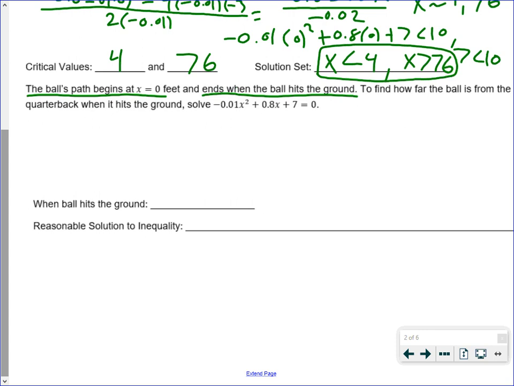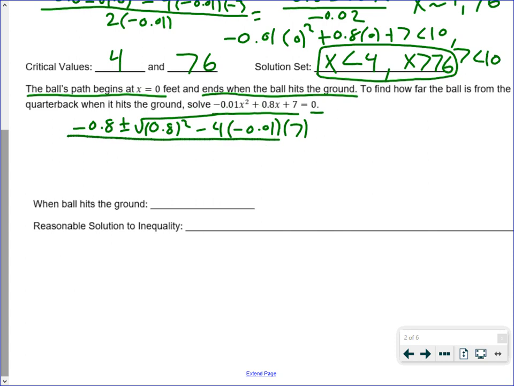So in other words, we're going to set the quadratic that tells us about the ball's path equal to 0. And then we're going to solve. Okay? So we're going to put that into our quadratic formula, and we get negative 0.8 plus or minus the square root of b squared, which is 0.8 squared, minus 4 times our a, which is negative 0.01, and our c, which is 7.